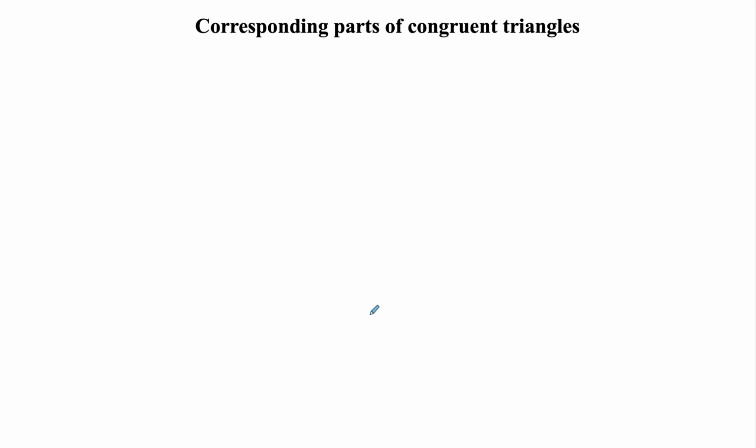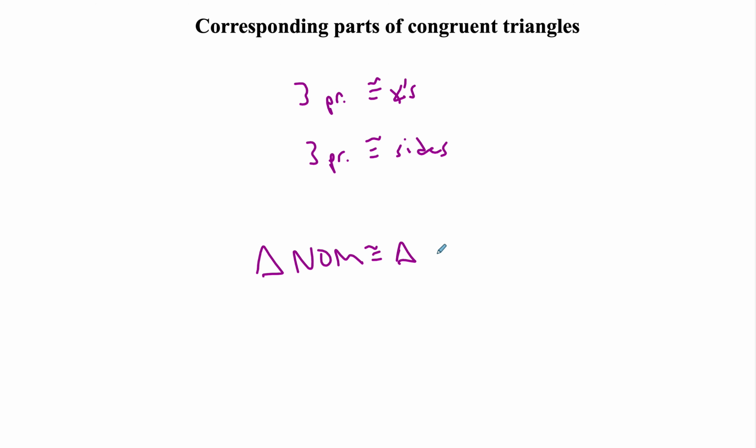So corresponding parts of congruent triangles, as mentioned before, simply means that there are three pairs of congruent angles and three pairs of congruent sides in any congruent triangle. And knowing what we know now, if I said that NOM was congruent to triangle, I don't know, how about AXQ, let's not use O again, that'd be a mistake.